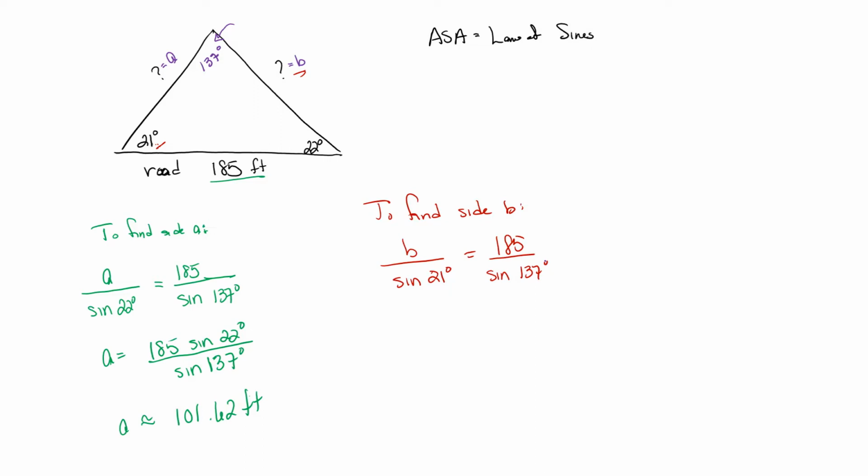Cool? Okay. Work on your algebra. Get that sine of 21 degrees out of that denominator. Again, please make certain your calculator is in degree mode before you even start doing any of this work. Okay, you do your work, I'll do mine, and I end up with 97.21 feet. Hopefully we're in agreement. Cool?